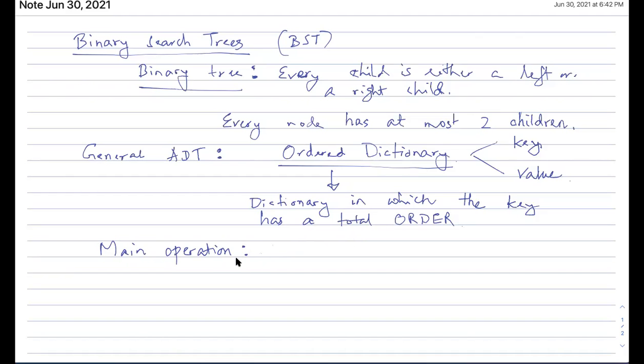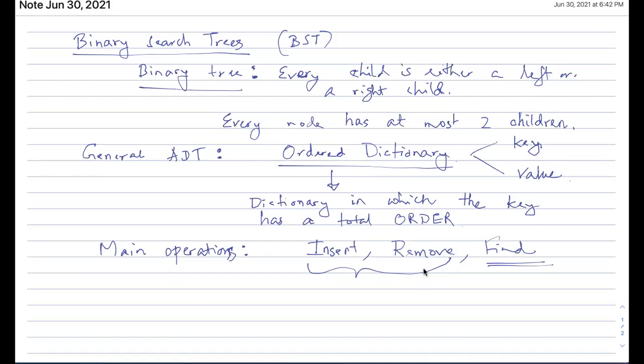You try to find. But in general, for these data structures, the main operations we are interested in are insert, remove, and find. So these are helping us construct the data structure, and this is helping us in finding something.